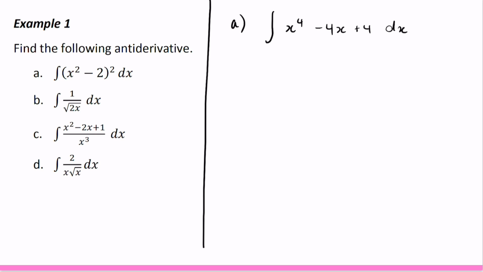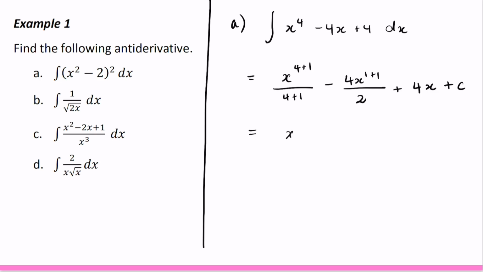And now to antidifferentiate, as we mentioned, what we're going to do is we're going to add 1 to the power, and we divide by the new power. That's already a 1. Add 1 to the power, and divide by the new power. And here, if it's just a constant, we will just add an x, and of course, we never ever forget that plus c.